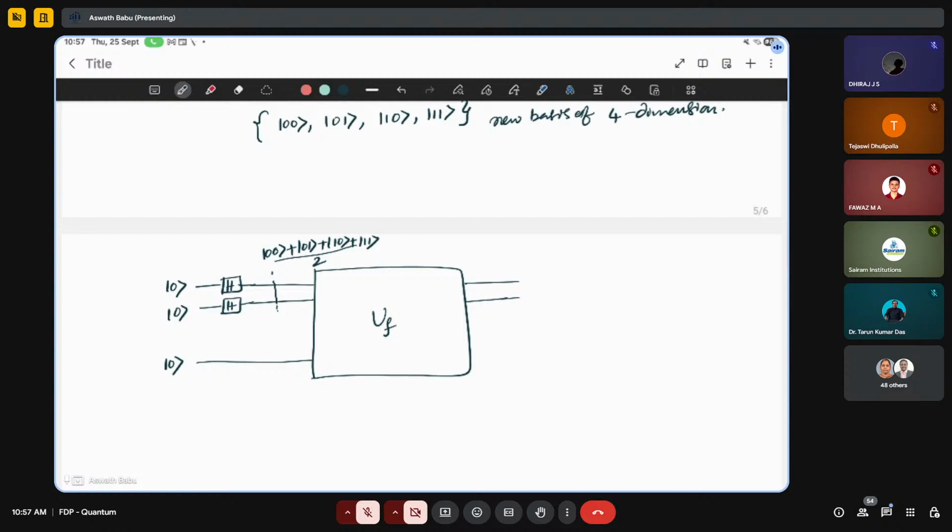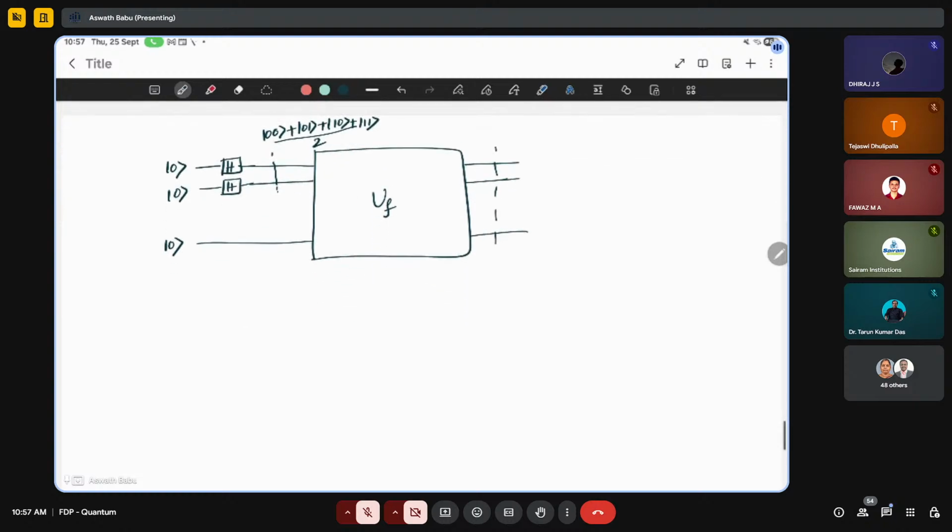At this point, let me list down what is the psi in, in the first place. At this point I have a psi in, which is a tensor product between two query registers and one target.